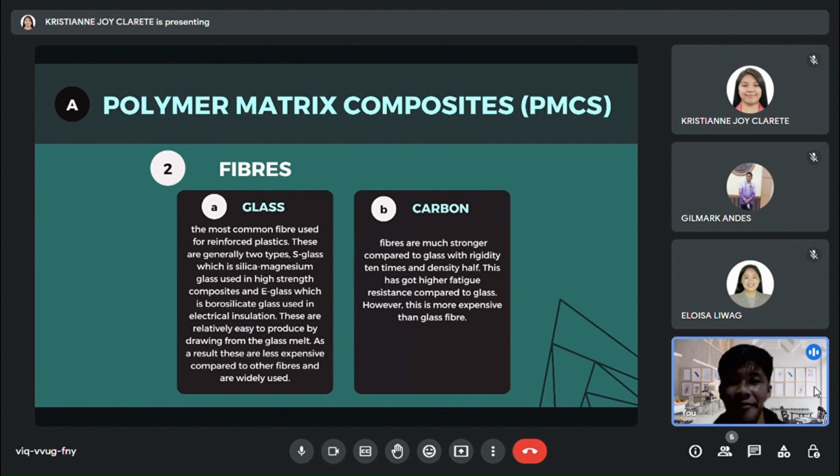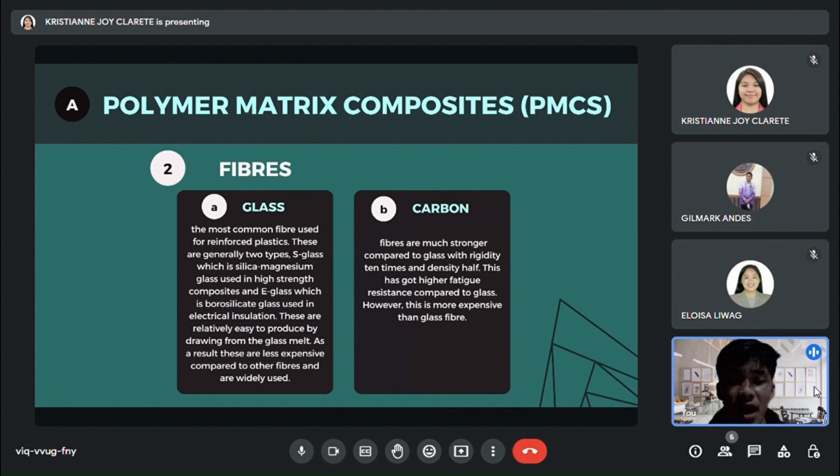Next, we have fiber in carbon. Carbon fibers are much stronger compared to glass, with rigidity 10 times and density half. This has higher fatigue resistance compared to glass. However, this is more expensive than fiberglass.